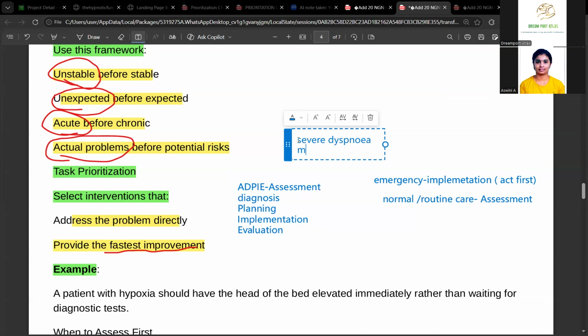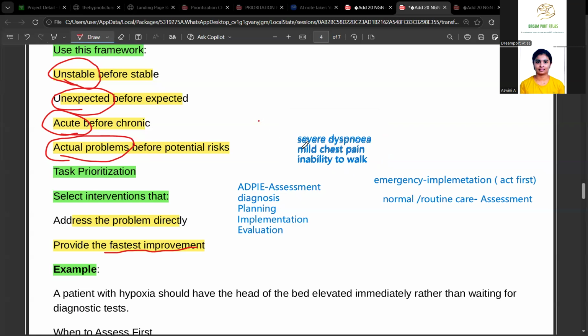The client is having mild chest pain. The client has inability to walk. Which is your highest priority? Severe dyspnea will be our highest priority.